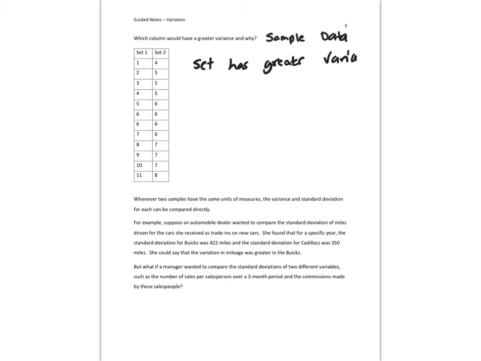It's more spread out. I actually calculated the standard deviation for each one. The standard deviation for set 1 was 3.16, and for set 2, it was 1.13. So set 1 had a greater variation.